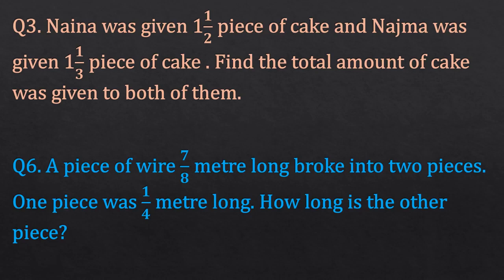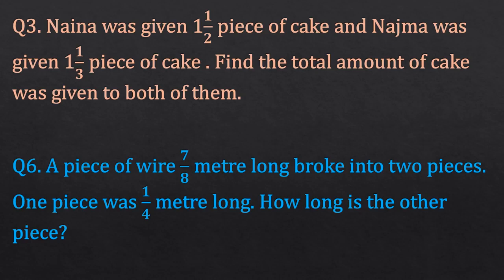We have one piece of wire, okay, whose length is 7/8 meter and it was broke into 2 pieces. Okay, this is the total length of the wire. 7/8 meter is the total length of the wire and this much wire is broke into 2 pieces.